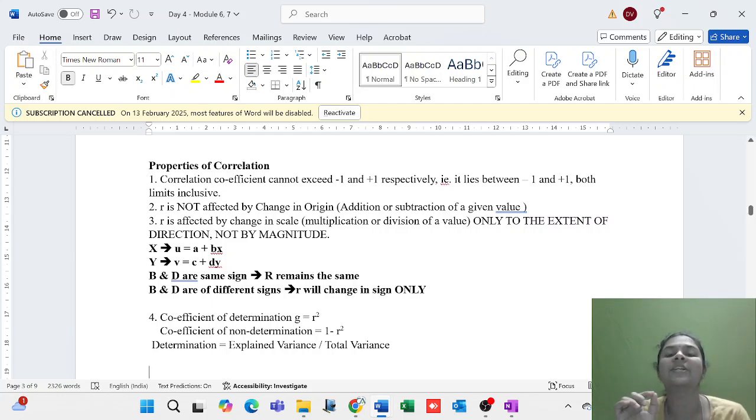Remember, correlation is a relative measure, which means it does not have any unit of measurement. Clear? Take 2 minutes, go through correlation, and then we are going to discuss regression also, after which we will be doing the combined questions on correlation and regression.